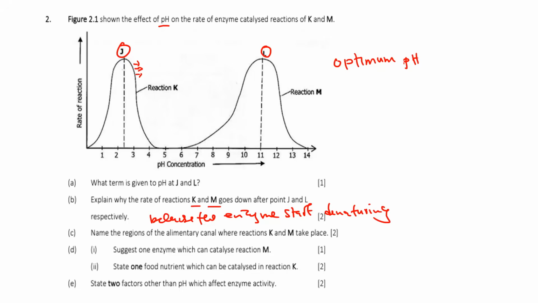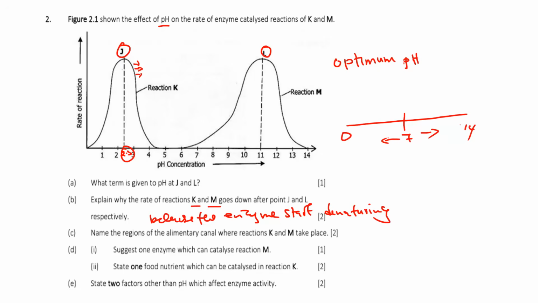Name the region of the alimentary canal where reactions K and M take place. If you look at the pH for this one, it is around 2 point something, between 2 and 3, so we can say 2.5. Now, in terms of pH, this is an acidic pH. You know the pH scale runs from 0 to 14. So this is 7. Less than 7, pH is acidic. Above that is alkaline.